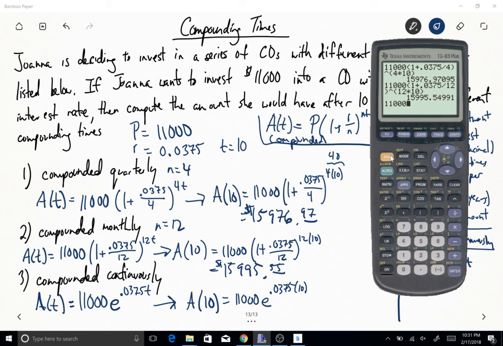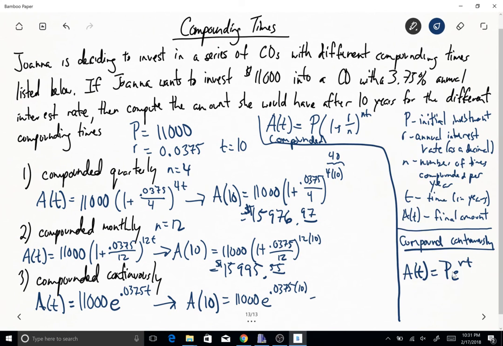So we hit second, and it's right above the natural log. You see that e to the x sitting right there? So you have e to the, and then making sure everything is in parentheses, 0.0375 times 10. Hit enter, and we get our final answer, $16,004.91.